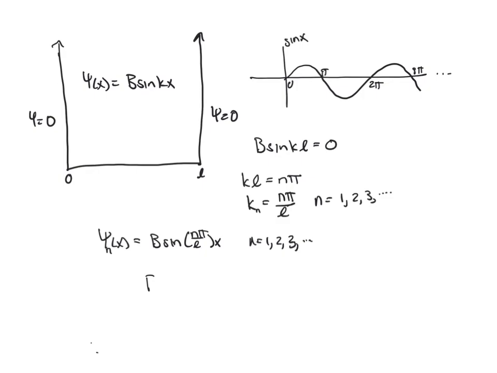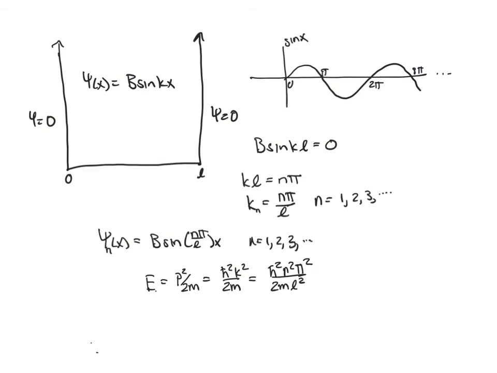And so its energy is p squared over 2m, and p squared is h bar squared k squared. But k, we just said, was n pi over L. So we've got h bar squared n squared pi squared over 2m L squared.